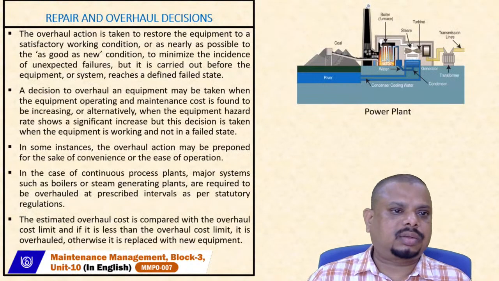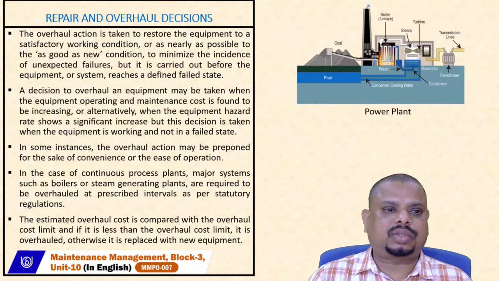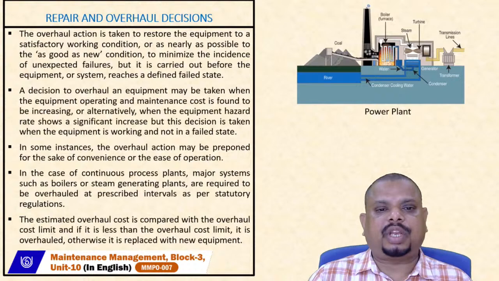Moving to the next one: repair and overhaul decisions. In the case of overhaul, action is taken to restore the entire equipment to satisfactory working condition, or as nearly as possible to as-good-as-new condition, so that you minimize incidents or unexpected failures.